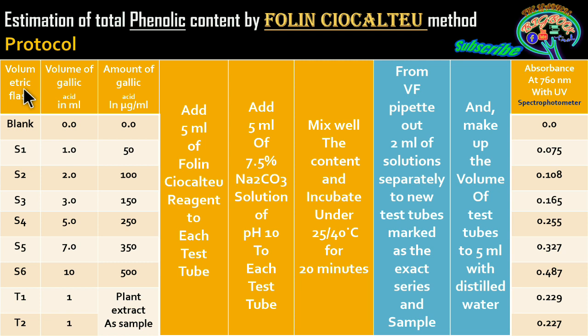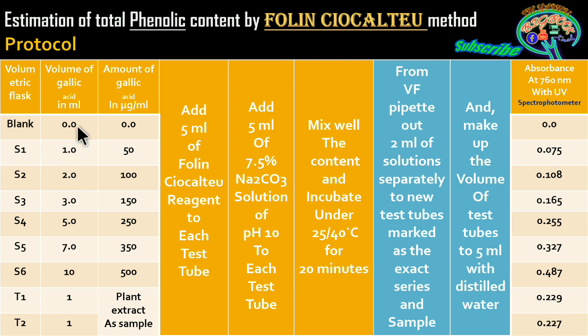With the standard marking, we are going to take flasks for the blank, the 6 standard series solutions and the 2 samples. So there will be 9 volumetric flasks. Further, we are going to take the gallic acid standard stock which we have prepared already, in mls.